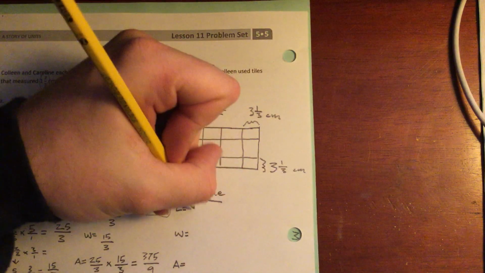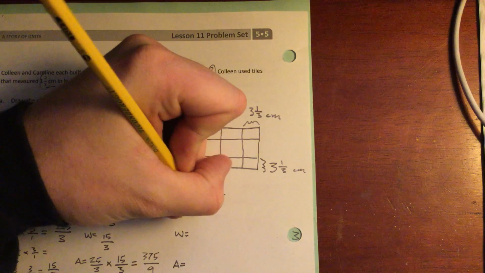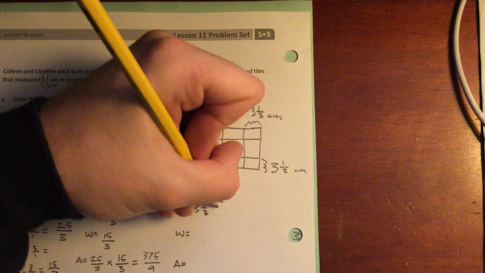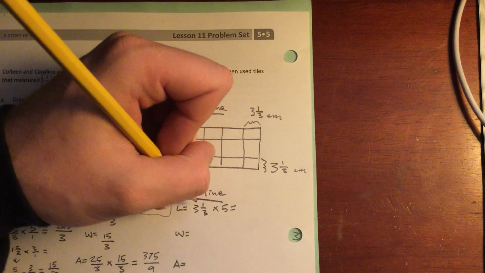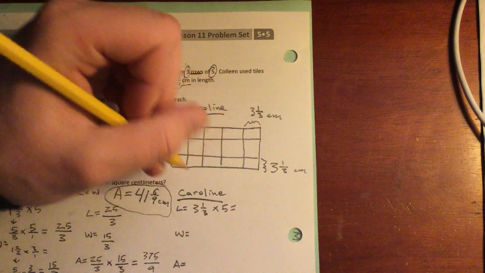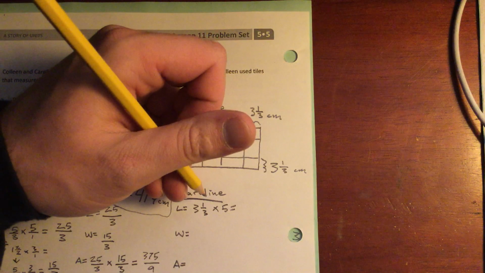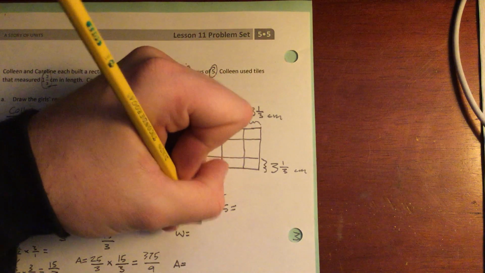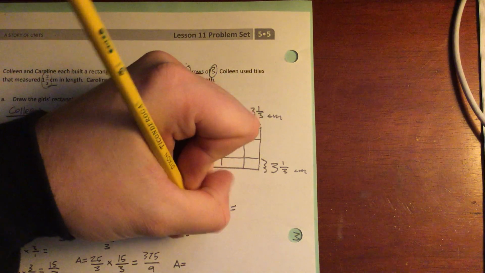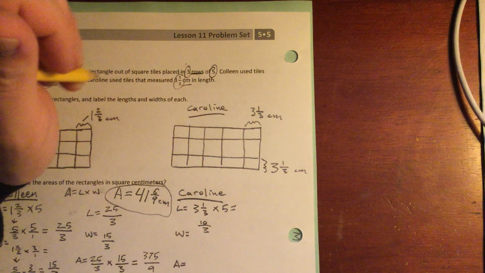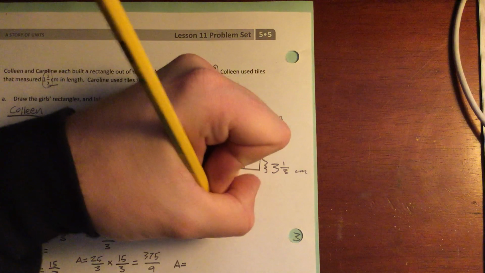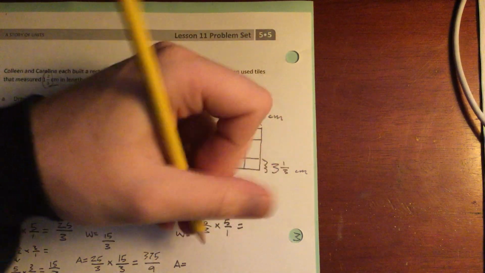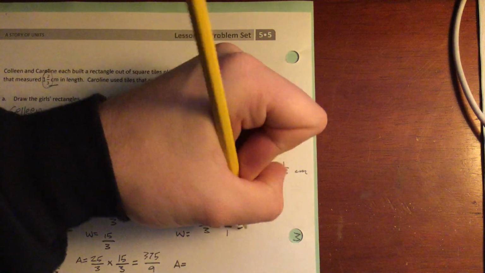So I'm going to do 3 1/3 for my length times 5. 3 times 3 gives me 9, plus that extra 1/3 gives me 10 thirds, times 5/1. 10 times 5 gives me 50, 3 times 1 gives me 3.